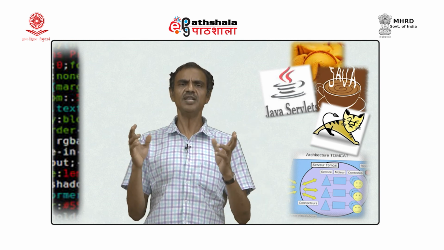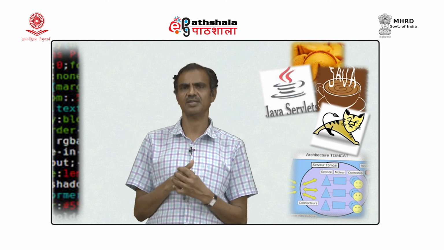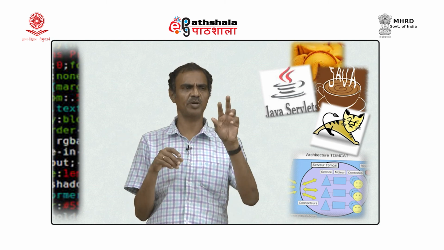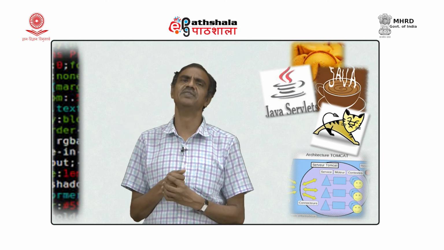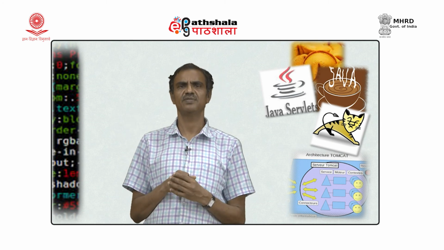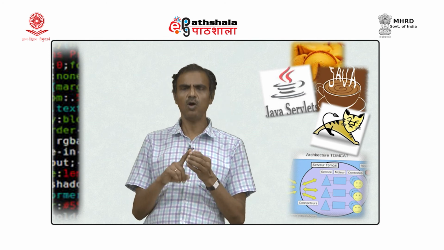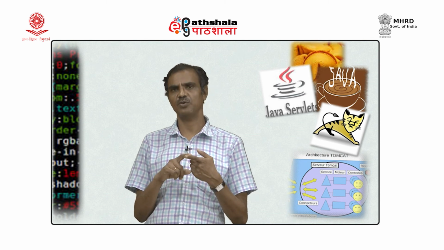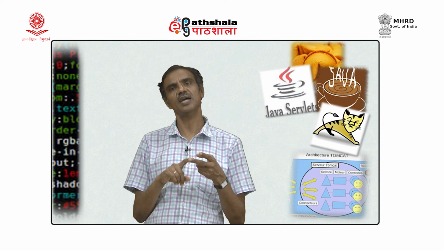If someone has used a space or maybe a hyphen, we can't directly put dollar braces and fetch such an object. For that reason, to fetch objects from any of the scopes, we have the page scope, request scope, session scope, and application scope.